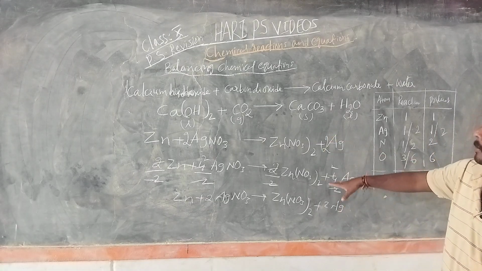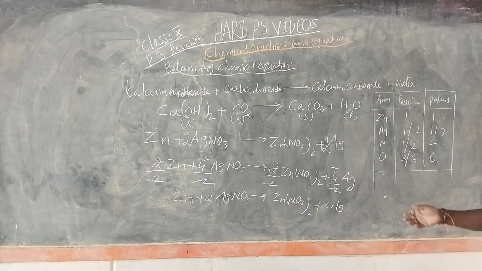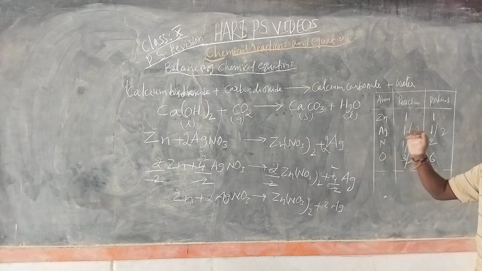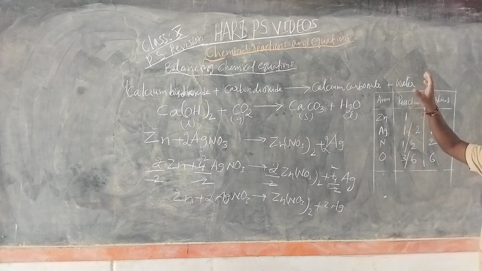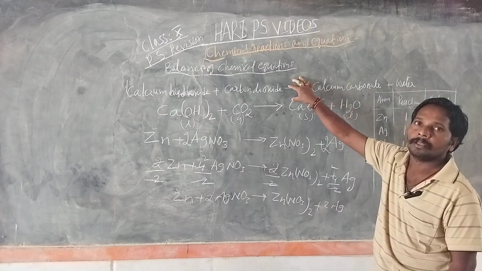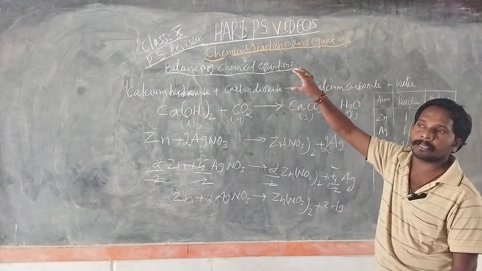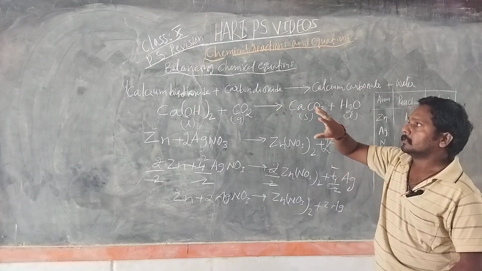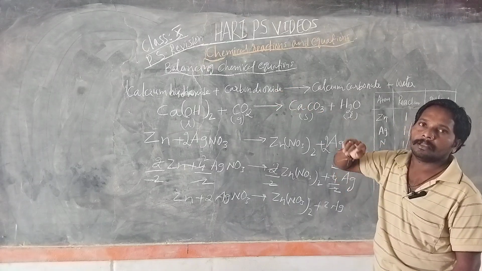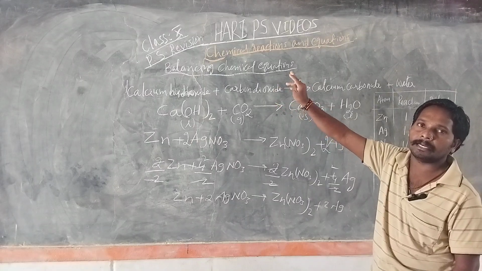In this way, by remembering all the rules: first of all, write the chemical reaction in word form. Then write the equation by using symbols or chemical formulas. That is called the chemical equation. This unbalanced chemical equation is called the skeleton equation.